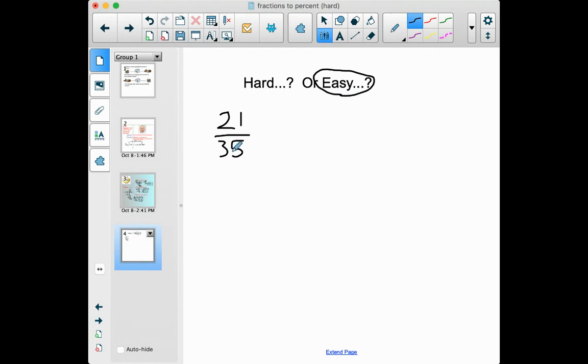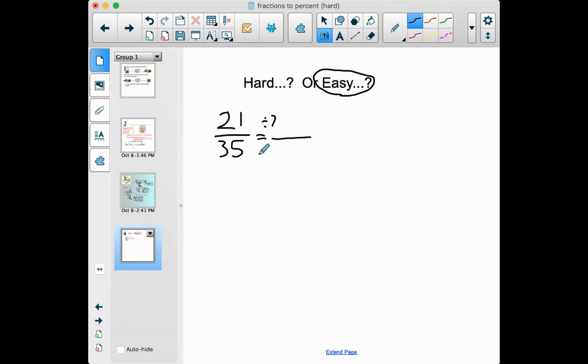Okay? Right now, this denominator does not go into 100. However, this is not in simplest form. So if you have a fraction that's not in simplest form that you can reduce, you might be able to get it to the point where the denominator can go into 100. So if I look at 21 and 35 and try to find a common factor, the number that goes into both 21 and 35 is 7.